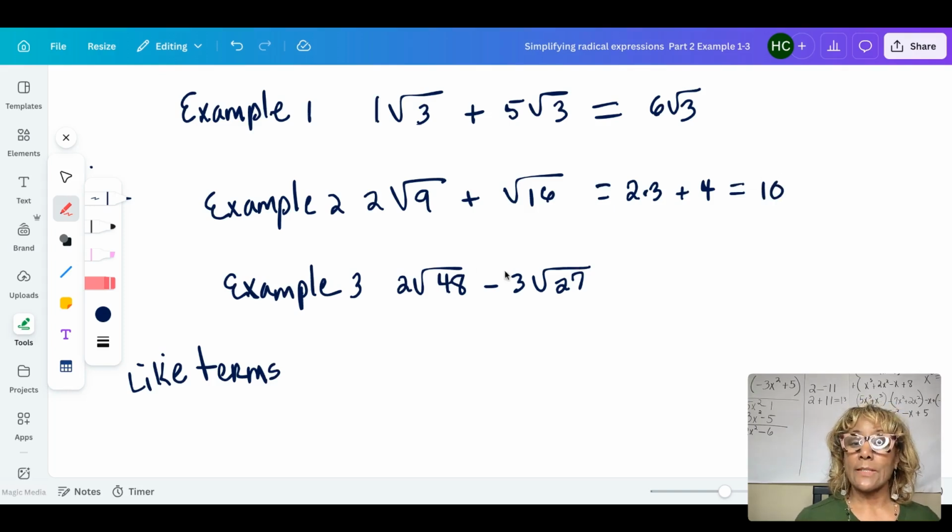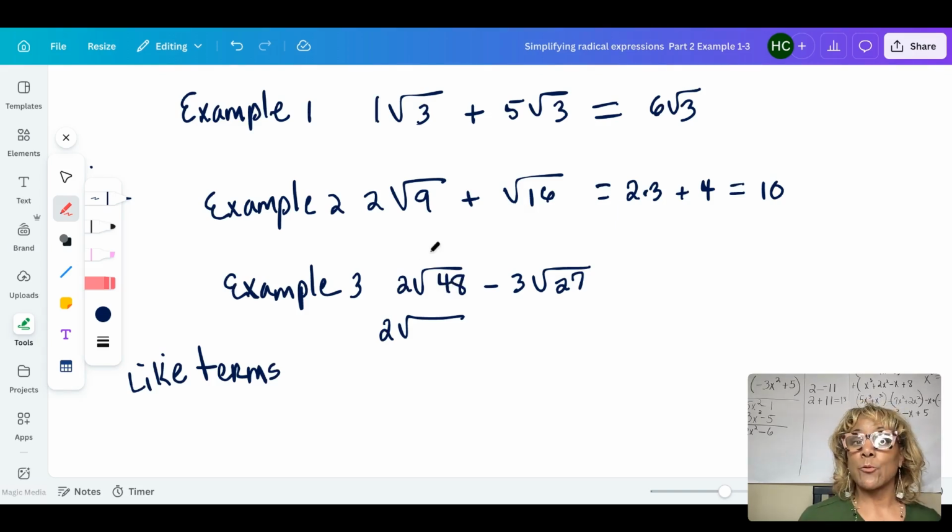Now, this one looks a little different. If you notice, I have the same index, but I don't have the same number underneath the radical. So I've got to simplify it so that I do have the same number under the radical. What I'm going to do is break down 48. You always want to think of what's a perfect square that is a factor of 48.